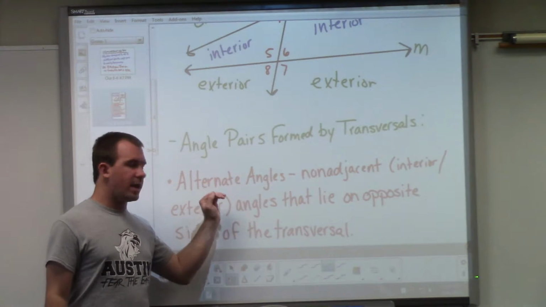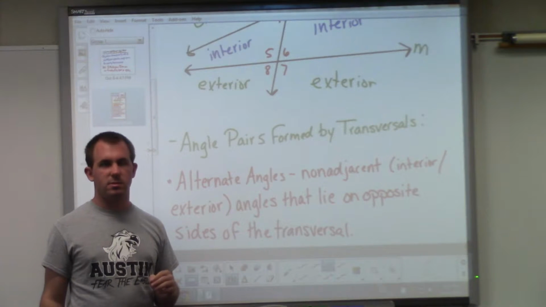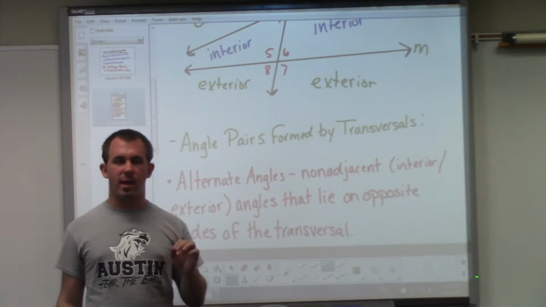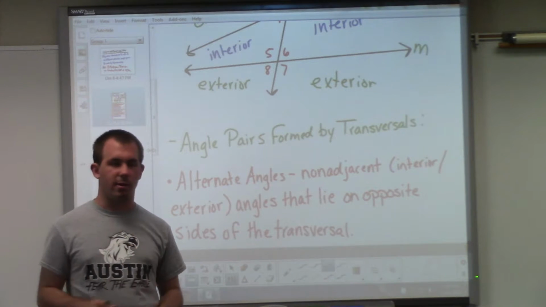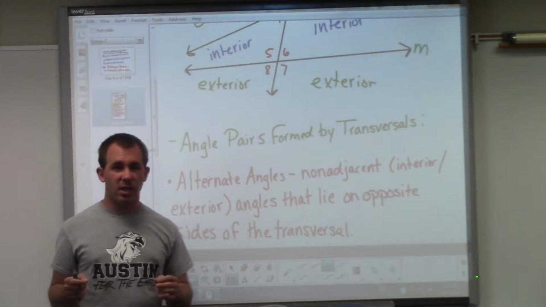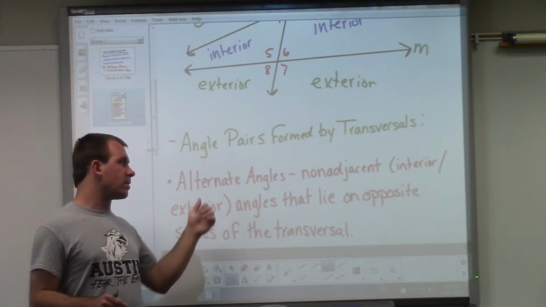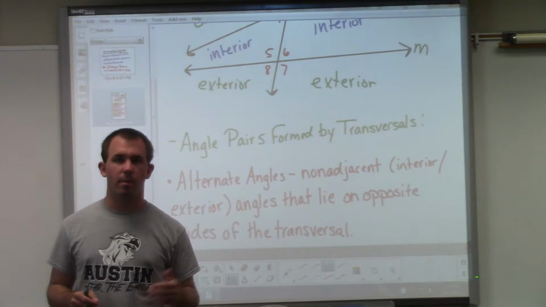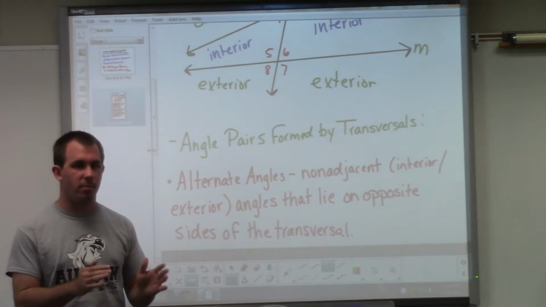I've taken it down to just alternate angles because when you get to your other tasks on MathSpace, they don't classify them as alternate interior or alternate exterior. Actually, they only consider the interior angles for alternate angles. But I still like to talk about both.